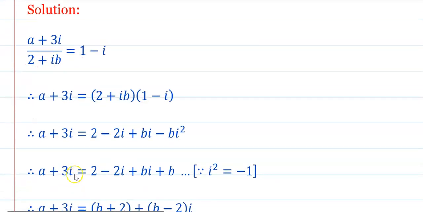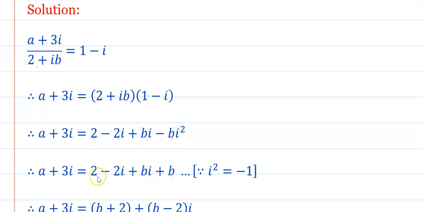Therefore a plus 3i is equal to 2 into 1, you are getting 2, 2 into minus i, minus 2i, ib into 1, ib, ib into minus i, that is minus b i square. Now i square is minus 1, and this minus and minus will become plus. Then this is the plus b. This 2 is as it is, minus 2i, bi, and this is the b.